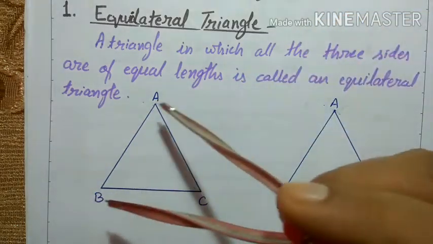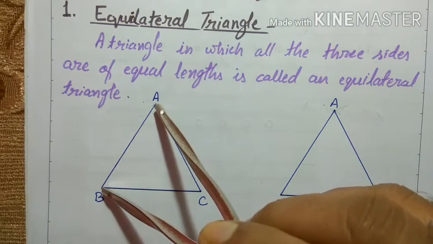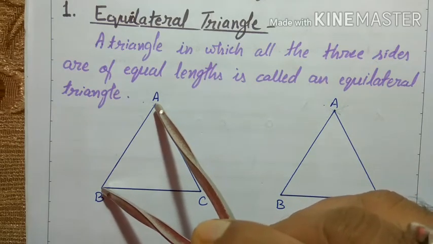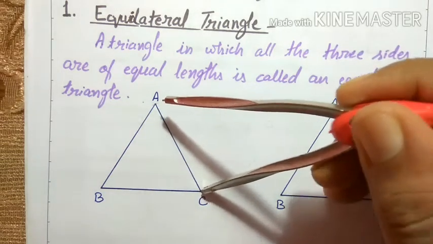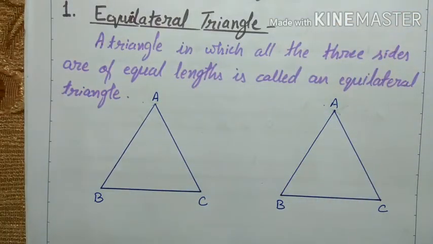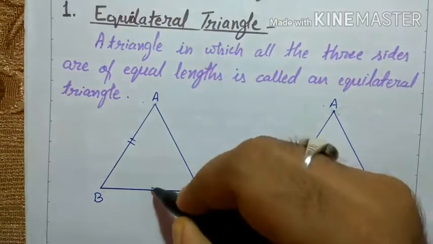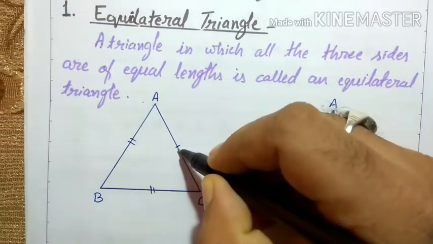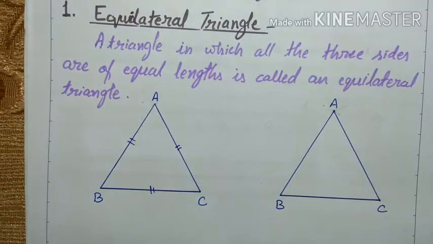And if we check the length of these two sides, this is also equal. So all the three sides are equal in length, by using this divider. We have drawn this side is equal to this side is equal to this side. The symbol shows that all the three sides are equal in length.